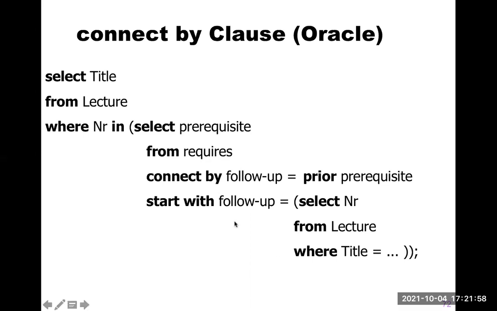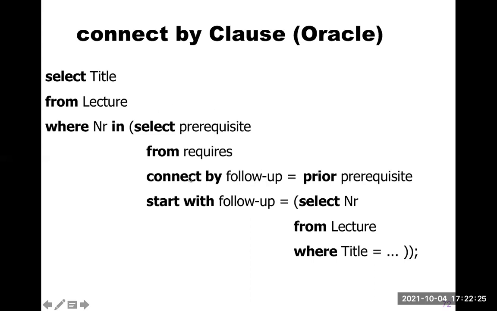Then I say I want to start with some node on this tree, and then connect these pairs using this condition. I say that prerequisite is a parent, and follow-up should have the same value as a parent.